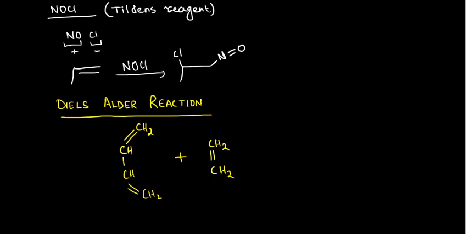So first of all, this pi bond is going to get broken like this. When the pi bond is broken, one electron from this bond is going to go to this carbon, another electron from this bond is going to go to this carbon. So one hand of this carbon is empty now, another hand of this carbon is empty. Okay. Similarly, do the same kind of exercise in this. Same kind of exercise.